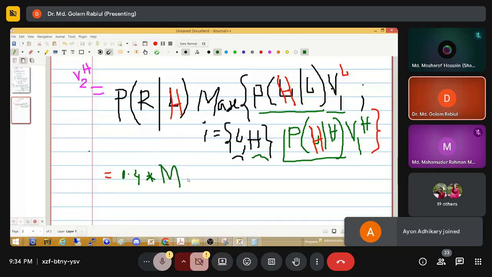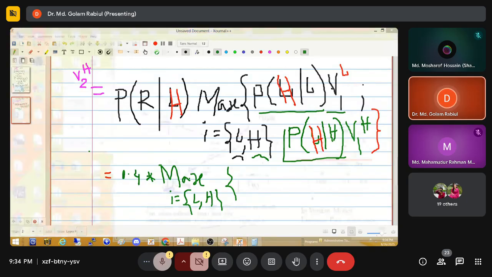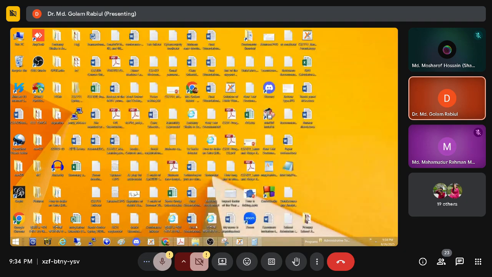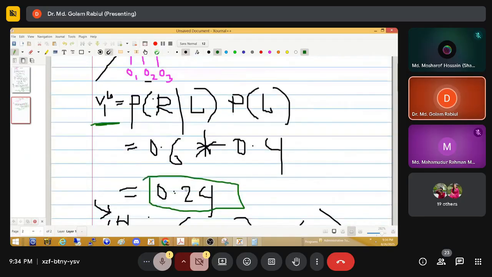So we will get 0.4 times the maximization over I equal L and H. Then the probability of H given L, high atmospheric pressure given low atmospheric pressure, so low to high is 0.7, and then V1L is 0.24.